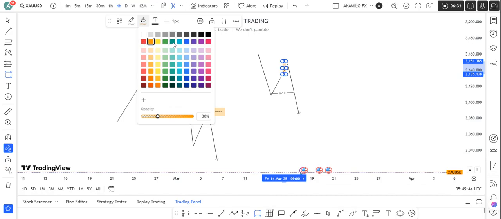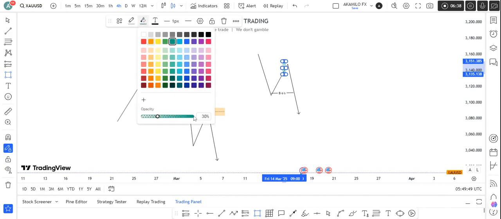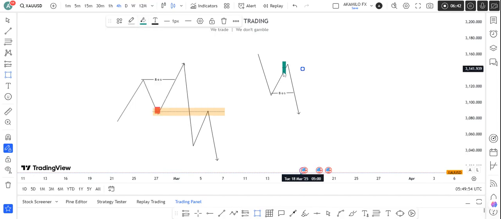So we're having this order block created at this level, whilst we'll be expecting price to hold on that order block. We said a bearish order block is the last bullish candle before a downward movement.